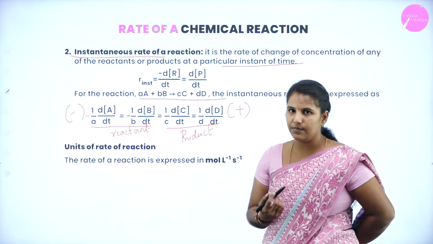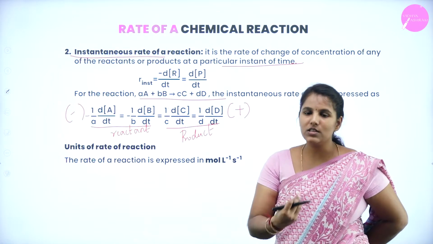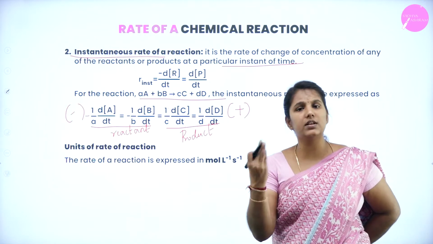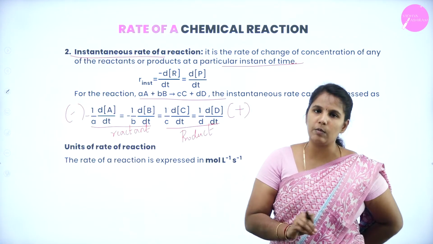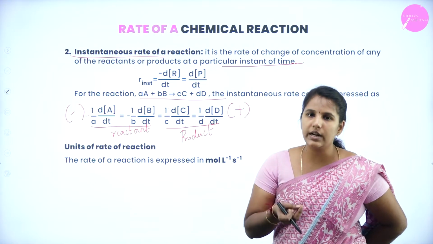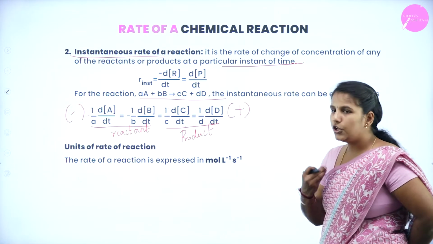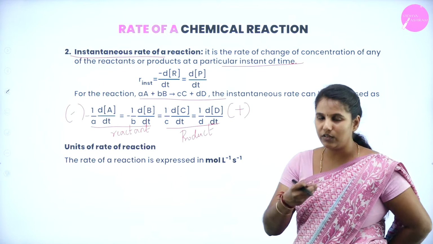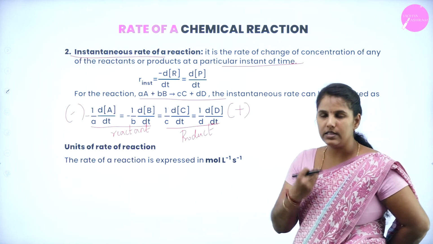And always remember, in the case of instantaneous rate, we are referring to the change in concentration of the reactant or product at a particular instant of time. That is why it is named the instantaneous rate of the reaction. And the units for the rate of reaction are mole per liter per second.